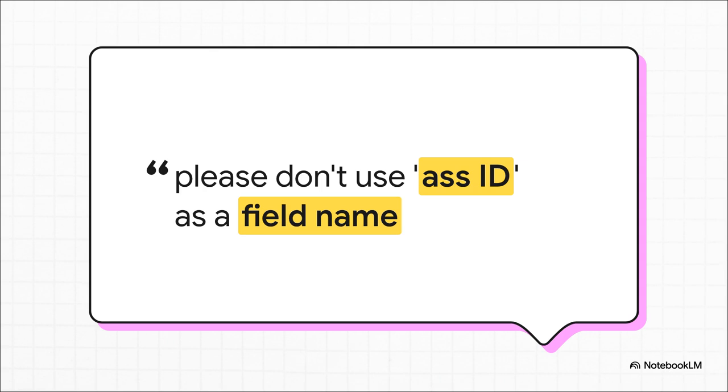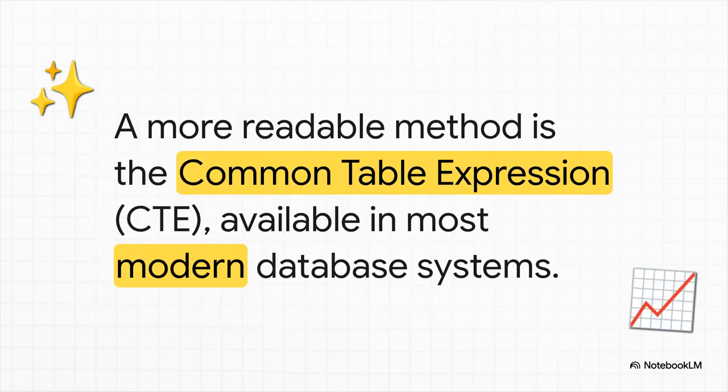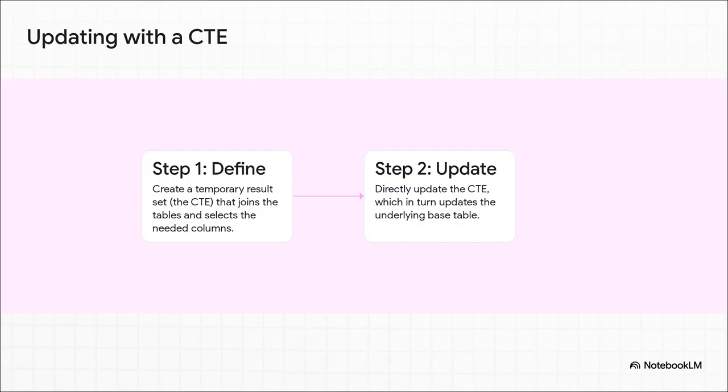Now, putting aside those older methods for a second, there's a more modern approach that's become really popular, mainly because it's just easier to read. It's called the Common Table Expression, or CTE. And the good news is, most modern databases support it, including SQL Server and Postgres. The beauty of a CTE is its simple two-step logic.